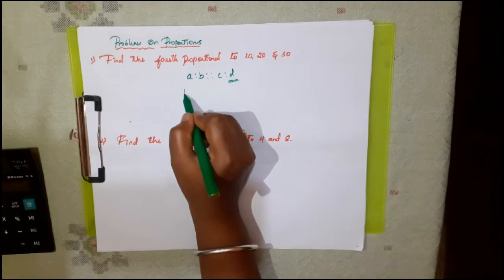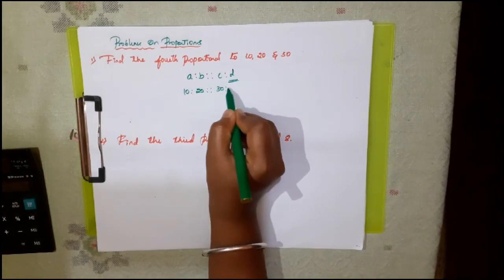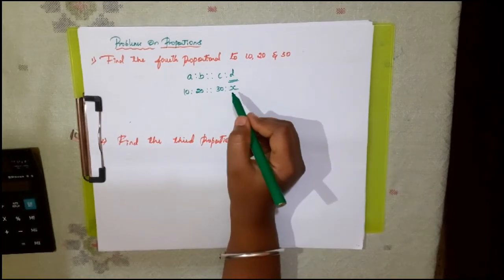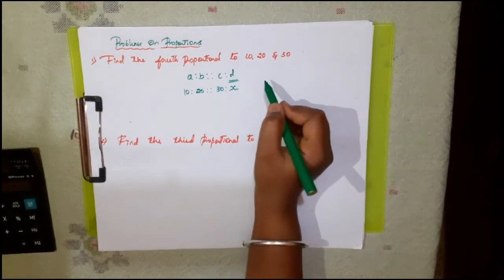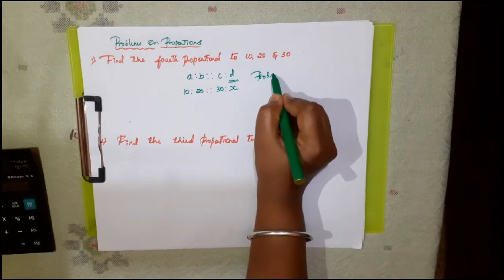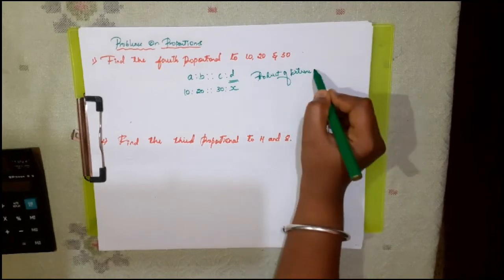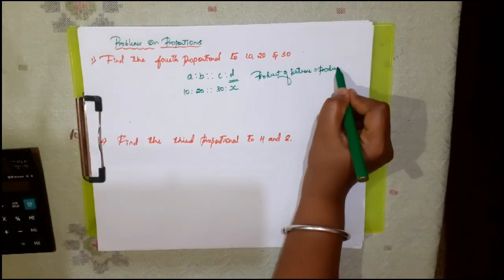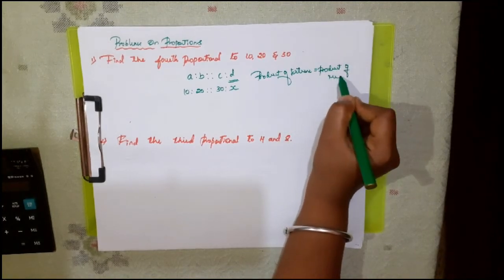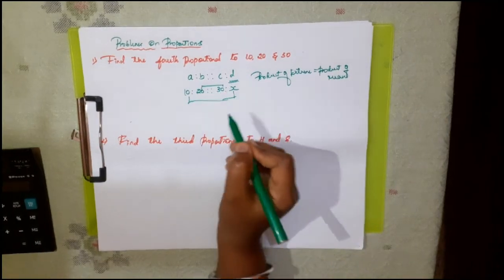So the given information is A is 10, B is 20 and C is 30. The fourth proportion we don't know, that's why I assume it as X. This is solved based on the rule: product of extremes is equal to product of means.